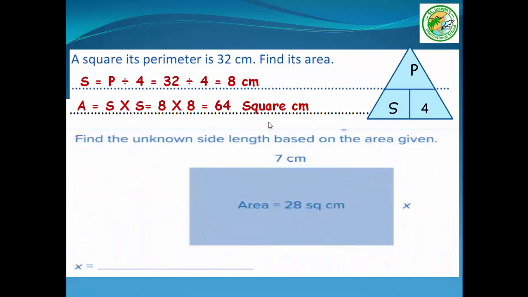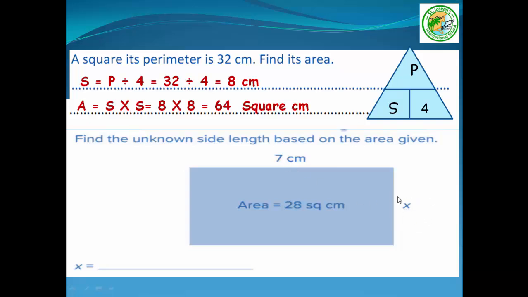Another problem: find the unknown side length based on the area given. Here I have the area of a rectangle. The area is 28 square centimeters, and we have the length equals 7 centimeters, and the width is unknown.